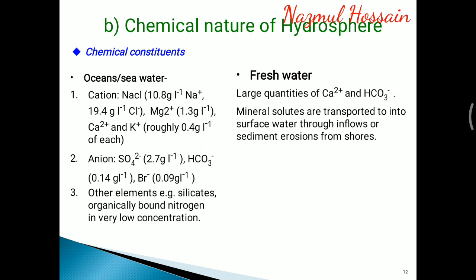Number three, the other elements are silicates and organically bound nitrogen in very low concentration. On the other hand, in fresh water there are large quantities of calcium ion and bicarbonate ion. Mineral solutes are transported into surface water through inflows or sediment erosion from the shores.